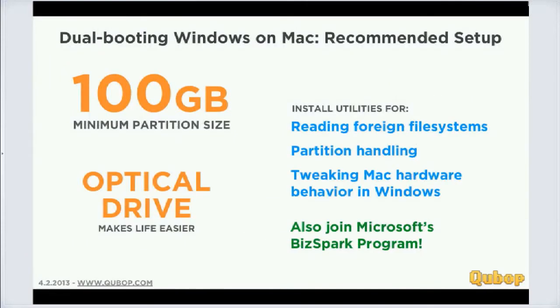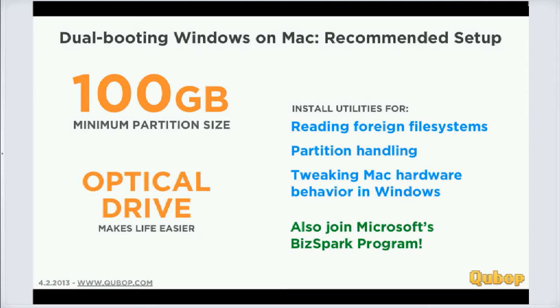If you're going to dual boot Windows on the Mac, pretty much try doing this. We think a 100 gig partition for Windows is pretty much the minimum. I mean, 80 is okay. Below that, it's probably not that great. Windows allocates a lot of memory for install. It tends to be around 40-odd gigs, and that's not actually the size of Windows, apparently. It involves swap files or other things, but long story short, if you allocate 80 gigs, you're going to lose about half right away.